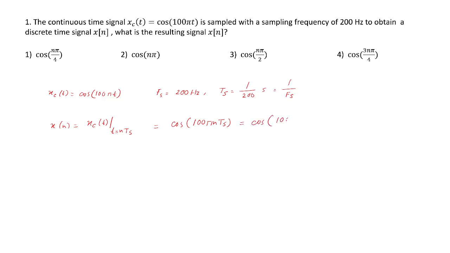It's 100 pi n times 1 over 200. So it turns out to be cos of pi n over 2. As you can see, the third option is the correct one.